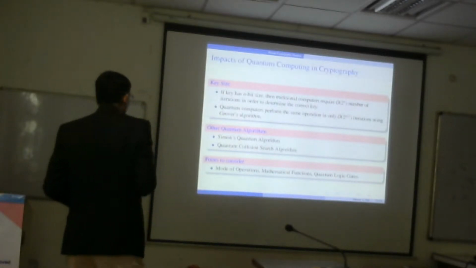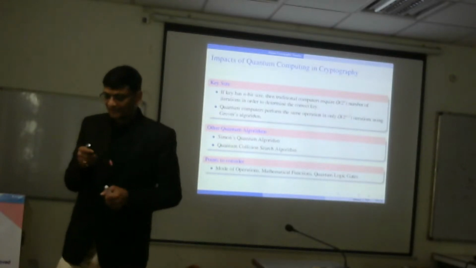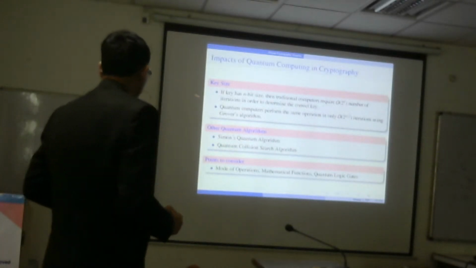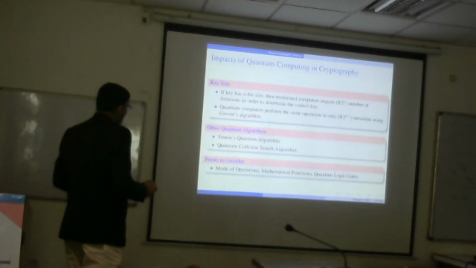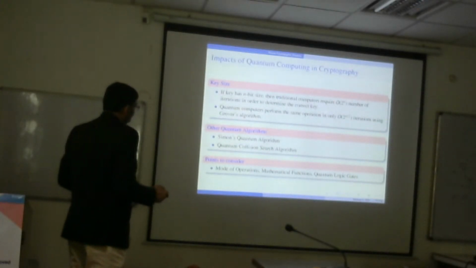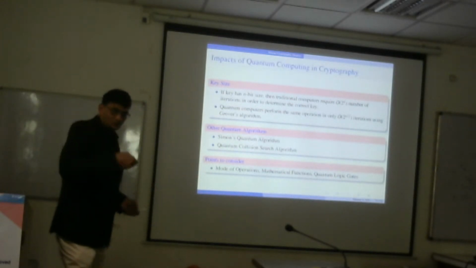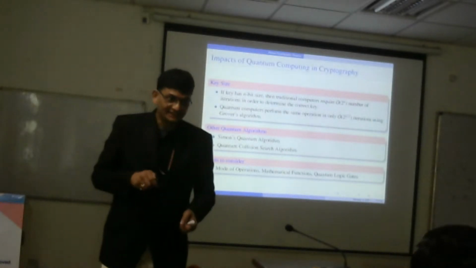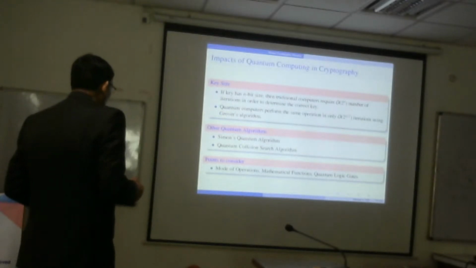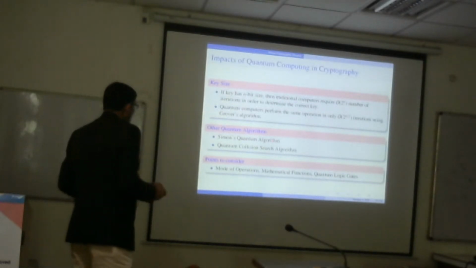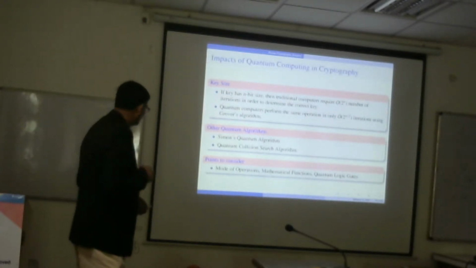Now I am coming to the impact of quantum. So what will happen when we have a quantum computer? As you know, if the key size is n bit, then a traditional computer requires 2 to the power n operations for breaking this, if you use exhaustive search. But a quantum computer can perform this in 2 to the power n by 2 using Grover's search algorithm.